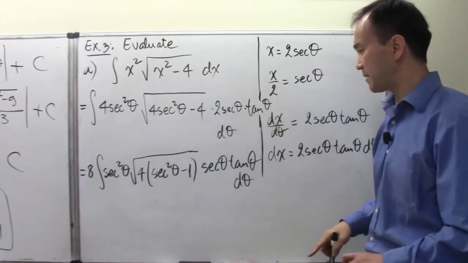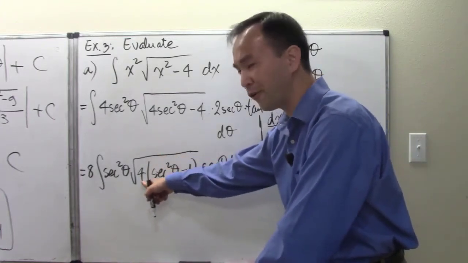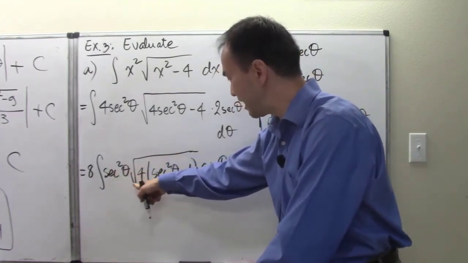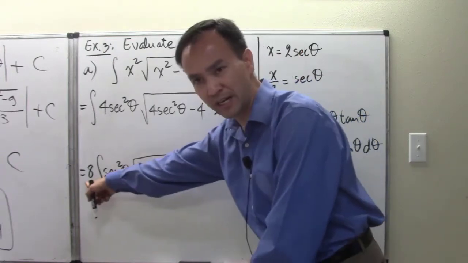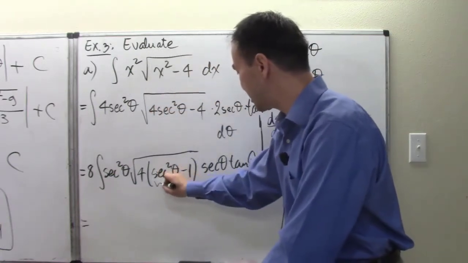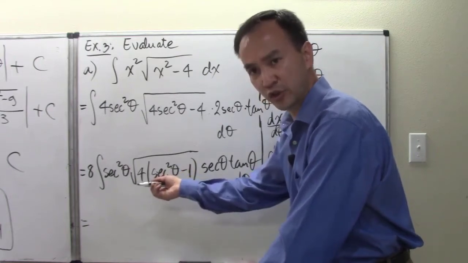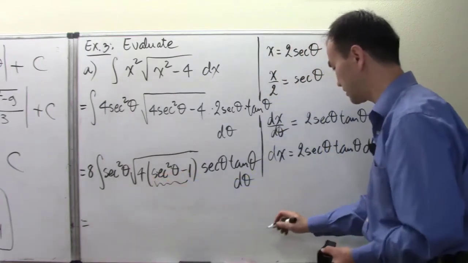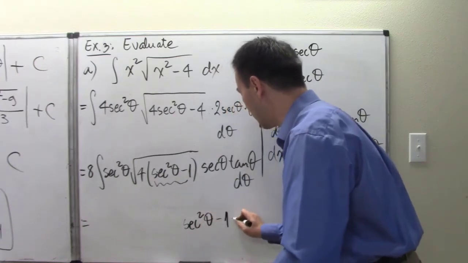Okay, and then in my next step, again in that famous identity, I can also pull that 4 outside of the square root, and realizing that to be another constant coefficient, I can multiply that together with that 8. But my point now is that the secant square of theta minus 1 can be seen as tangent square. Okay, because the constant reminder, secant square of theta minus 1 equals tangent square.